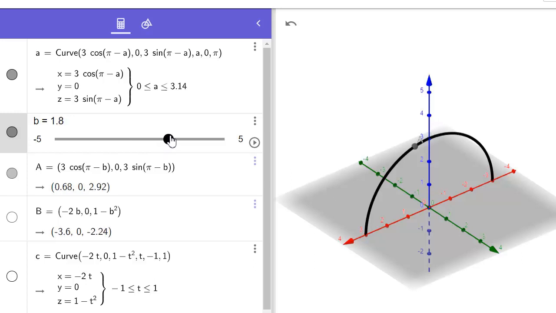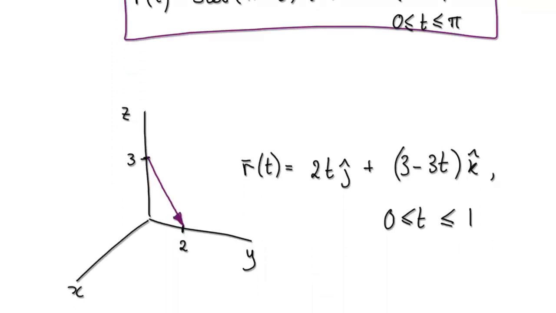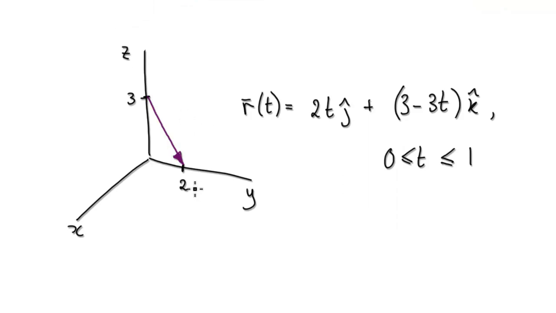By the time you get to pi, roughly 3.1, you can see it will end up here. Okay, so in the next video, I will show you how to drive the particle from 3 to 2.